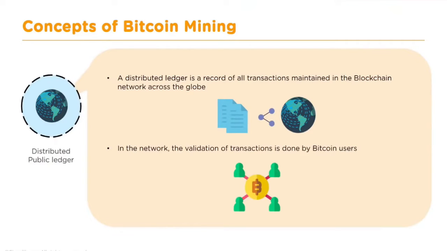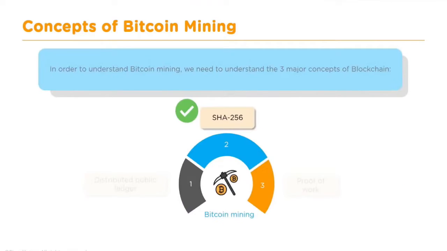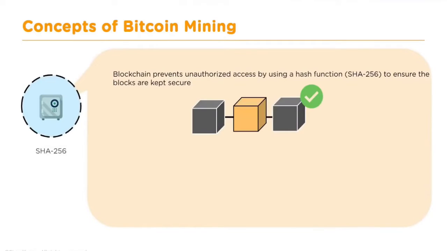In the network, the validation of transactions is done by Bitcoin users called miners. SHA-256. Blockchain prevents unauthorized access by using a hash function called SHA-256 to ensure that the blocks are kept secure. They are digitally signed. Their hash value once generated cannot be altered.